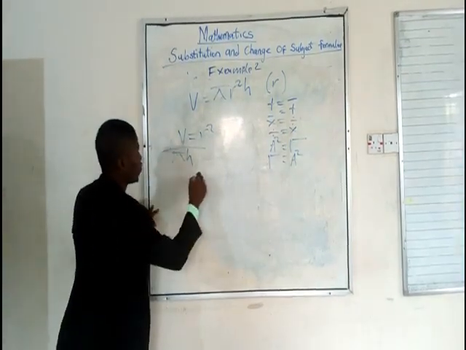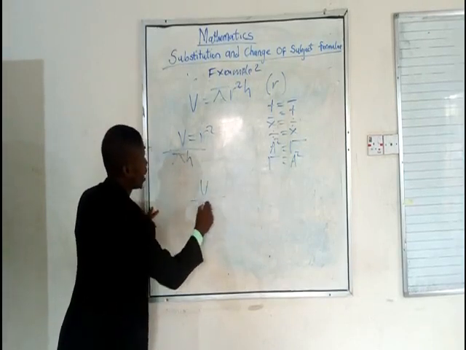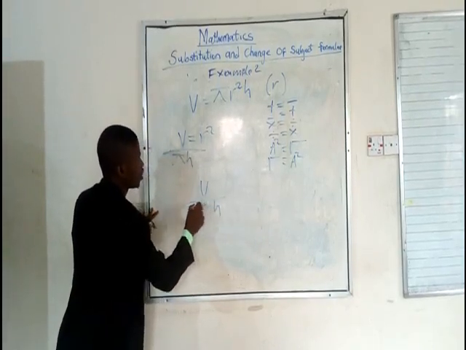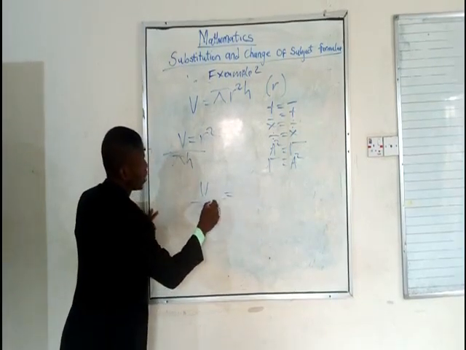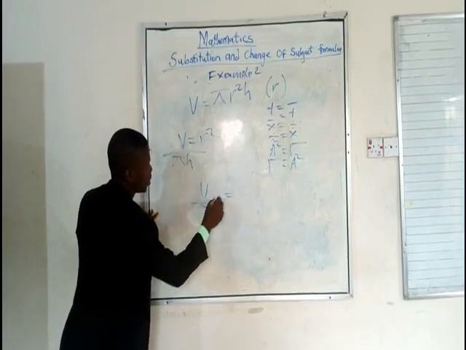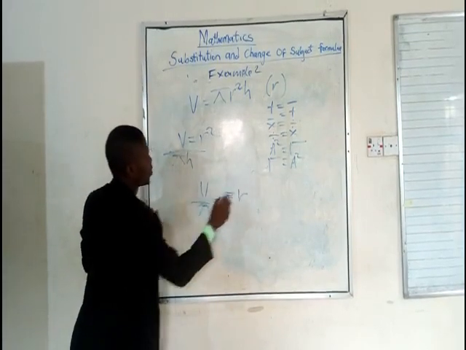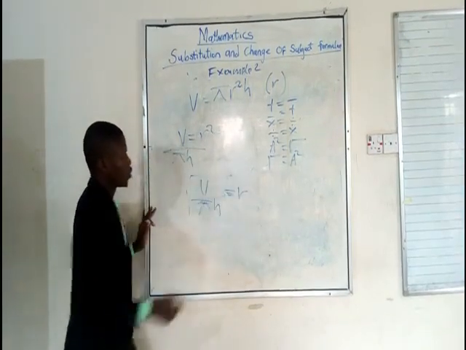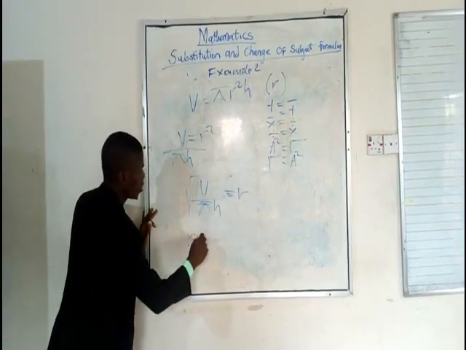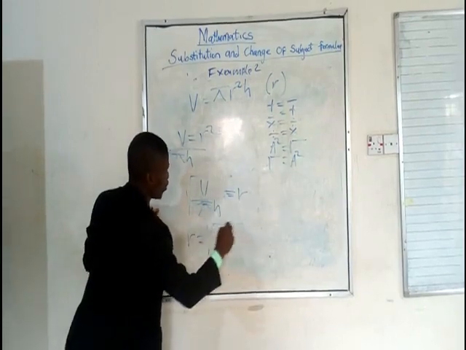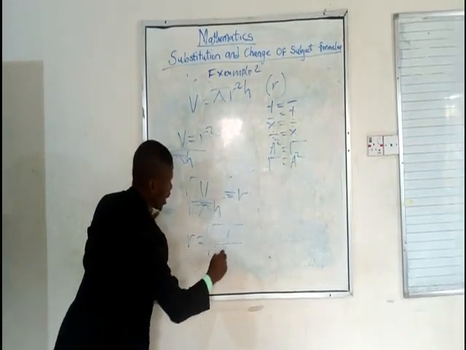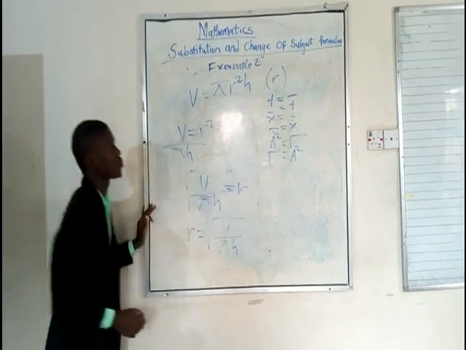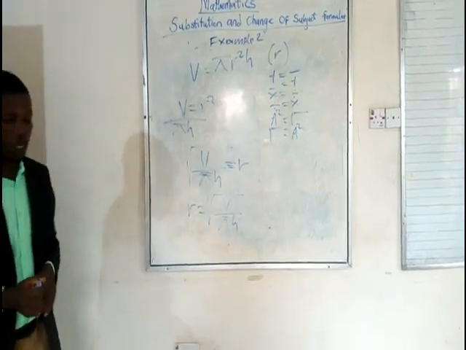We have V all over pi equals r squared h. Then the square root crosses and gives square root. So our answer will be r equals root of V all over pi h.